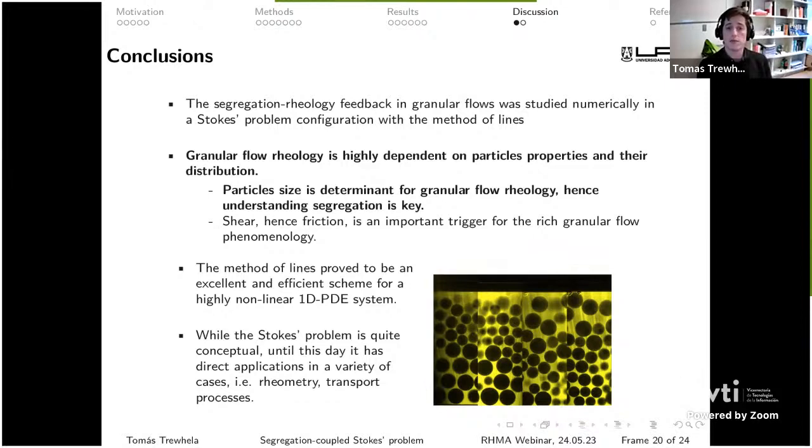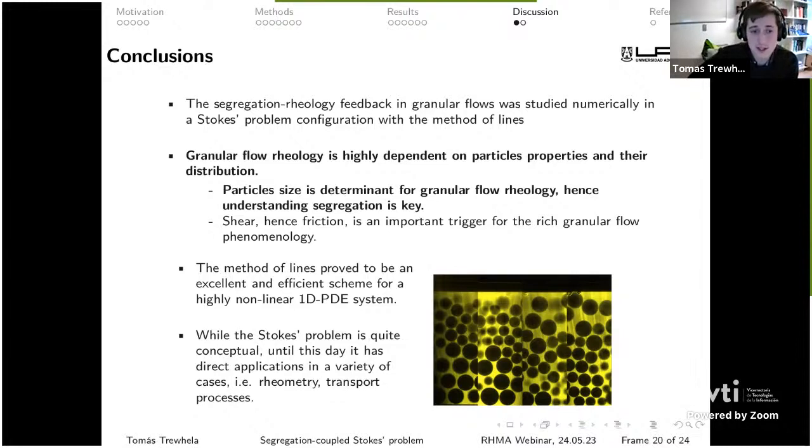And for that, the Stokes problem presents an ideal configuration, because it's simple and also will capture very well how this interaction between rheology and segregation happens. Another important message, of course, what I've been repeating the whole presentation, is that granular flow rheology is highly dependent on particle properties and how they are distributed.